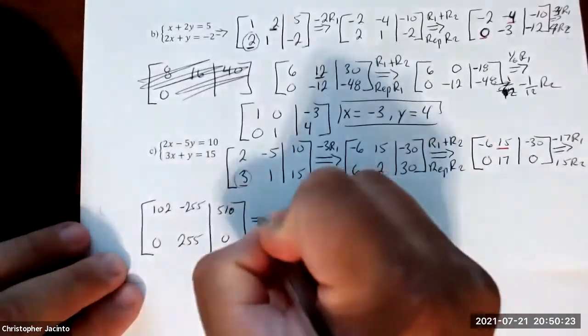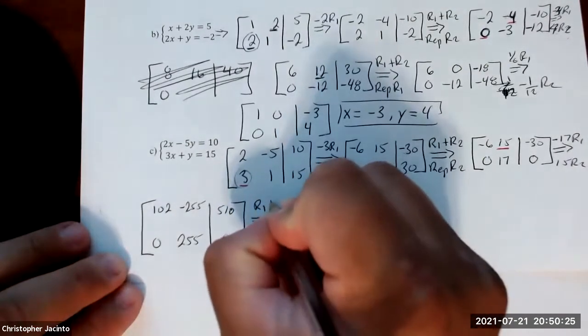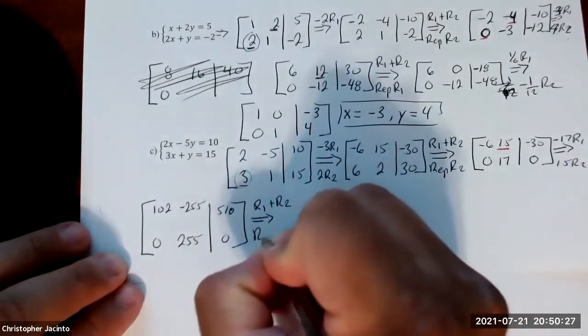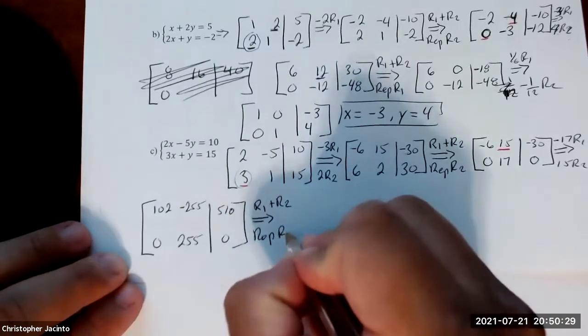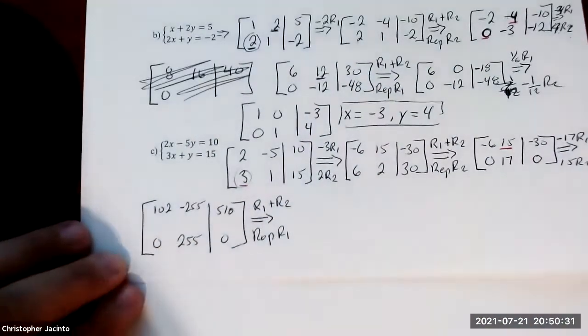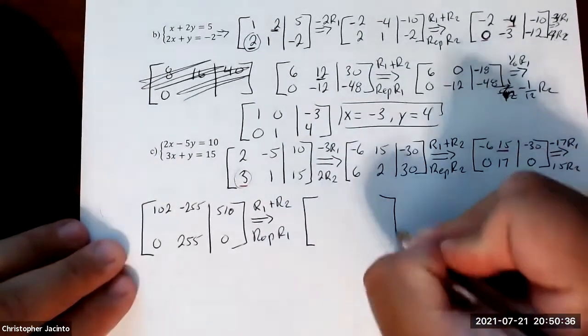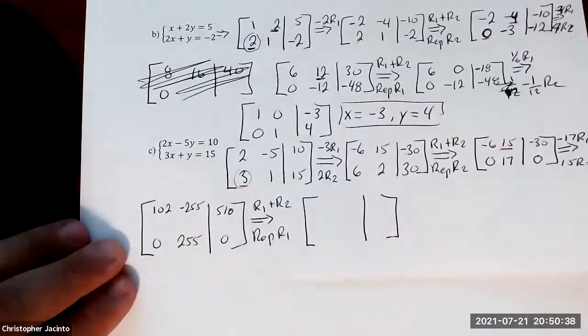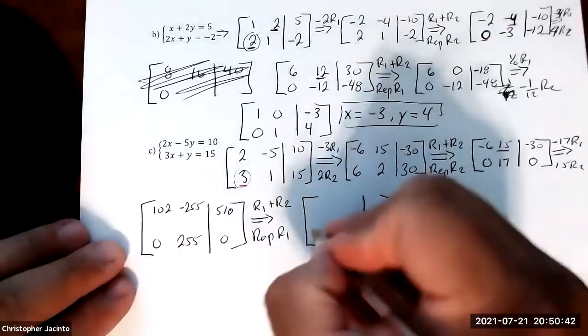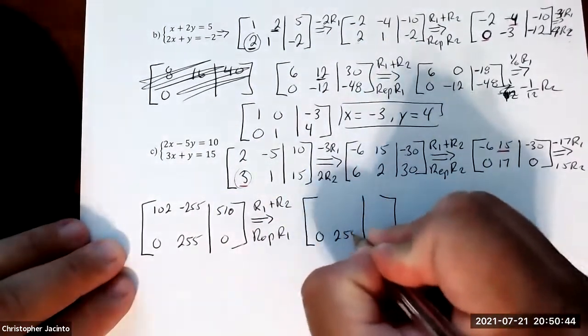Okay. Next, we're going to add row 1 plus row 2. And we're going to replace row 1. So that means row 2 stays the same.